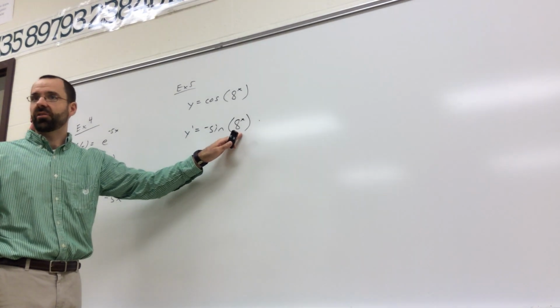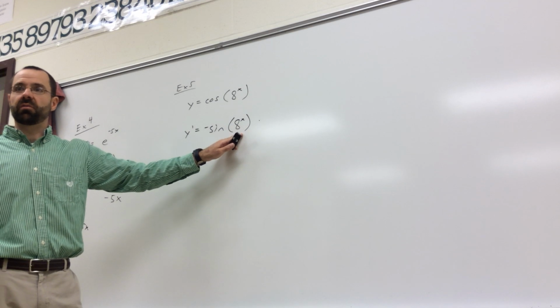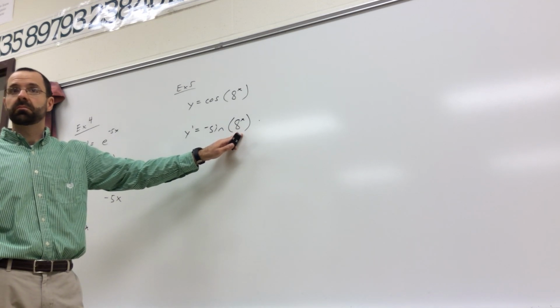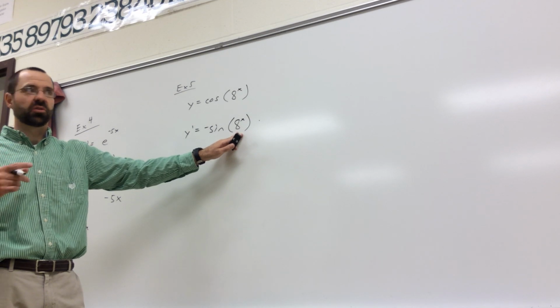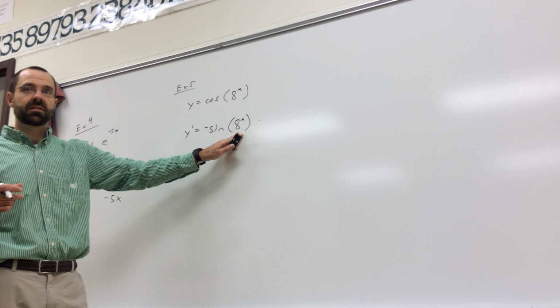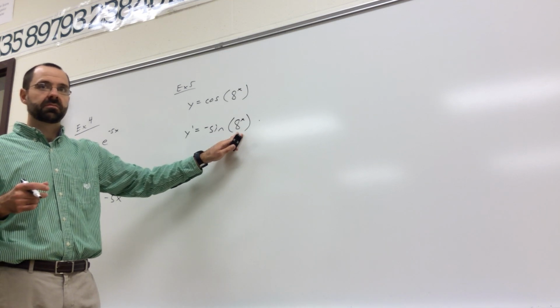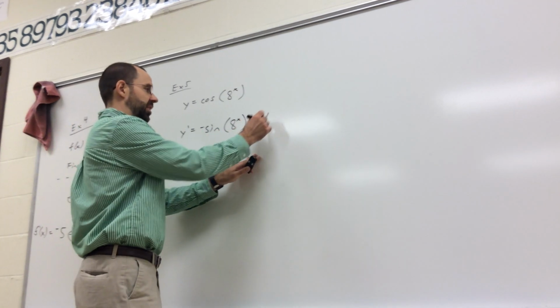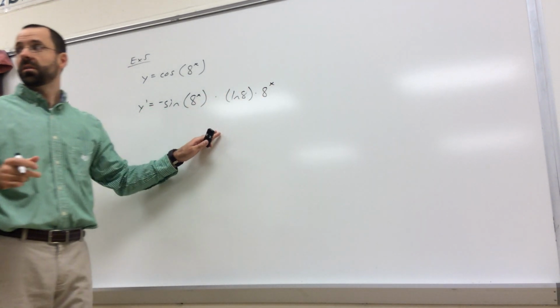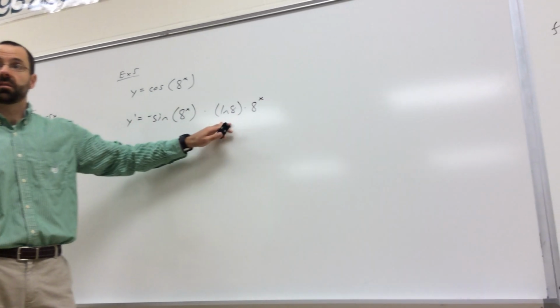That's the new shortcut, right? So what is the derivative of 8 to the x? Yeah, give it a shot, Brandon. You're looking in the right spot. Is it the natural log of 8 times... Perfect. It's the natural log of 8 times 8 to the x. Everybody okay with that?